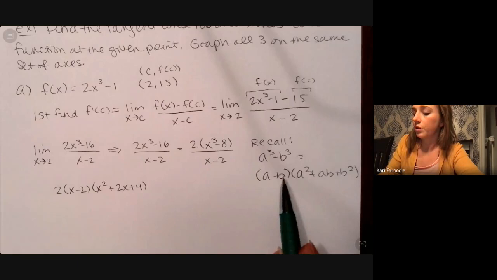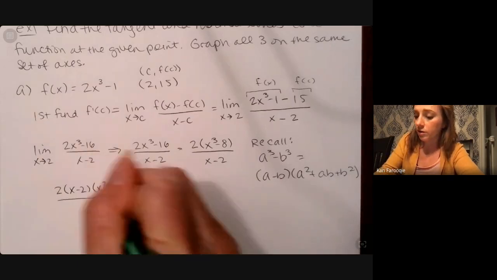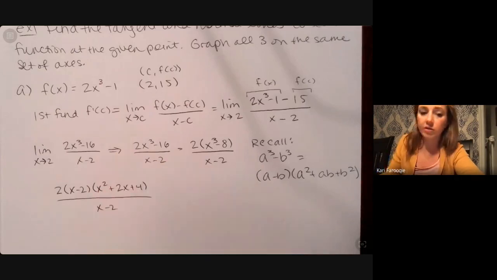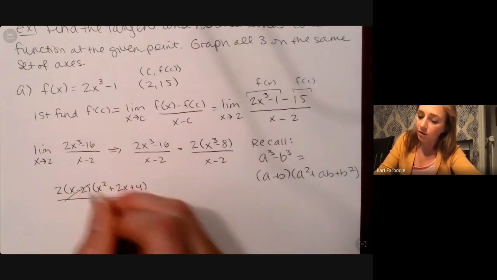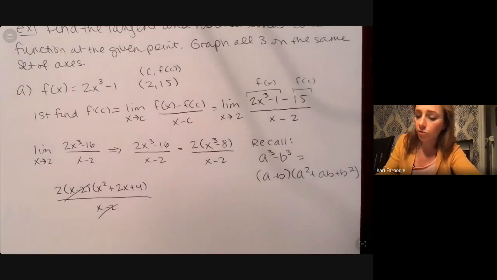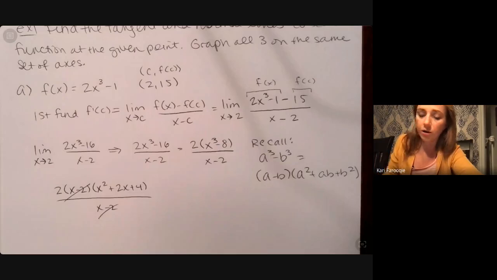So b in this case is 2, b squared would be 4. And then that whole quantity is getting divided by x minus 2. Cancel out the x minus 2's, and that leaves you with 2 times x squared plus 2x plus 4.